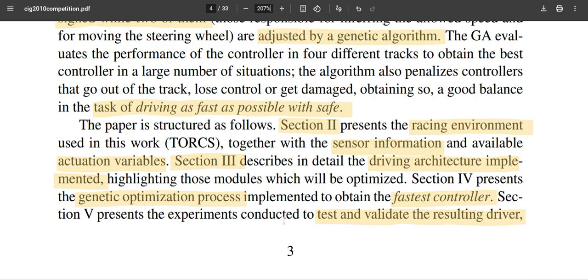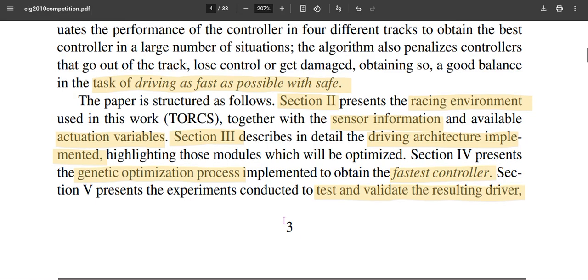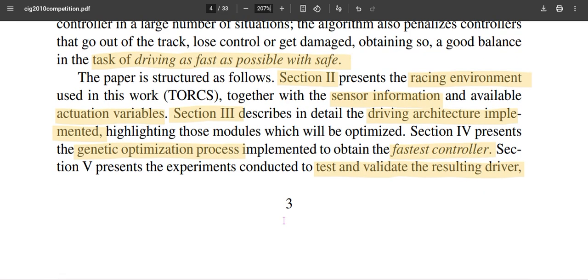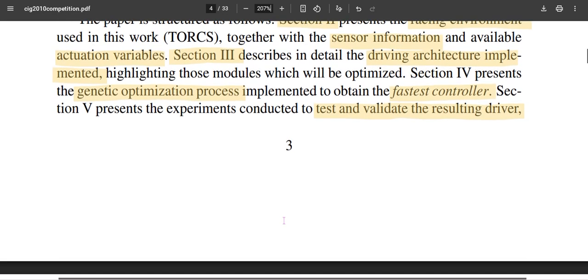Section 4 presents how this fuzzy logic genetic optimization process is much better than naive fuzzy logic without the optimization process. It also compares with the other competitors to see how much better this performs, and the final experimental results related to the competitions will be presented in section 5.